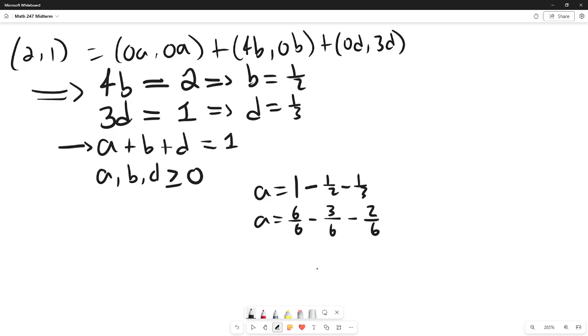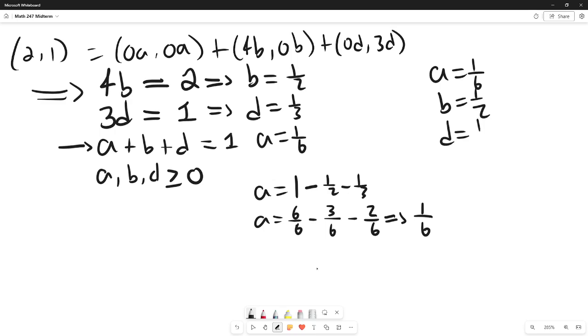So 6 minus 3, that's 3, minus 2, that's 1. So we're going to get 1 over 6. So a is equal to 1 over 6. And then we can rewrite it over here. A is equal to 1 over 6. B is equal to 1 over 2. And D is equal to 1 over 3.